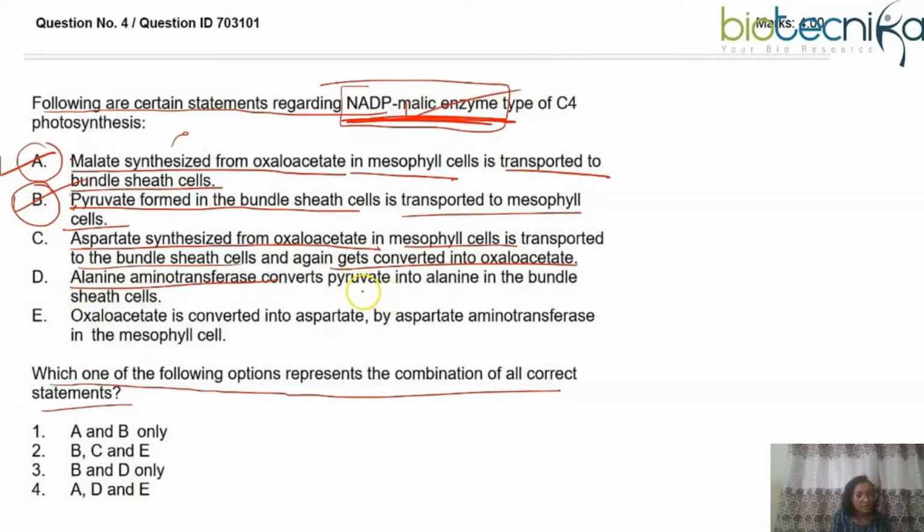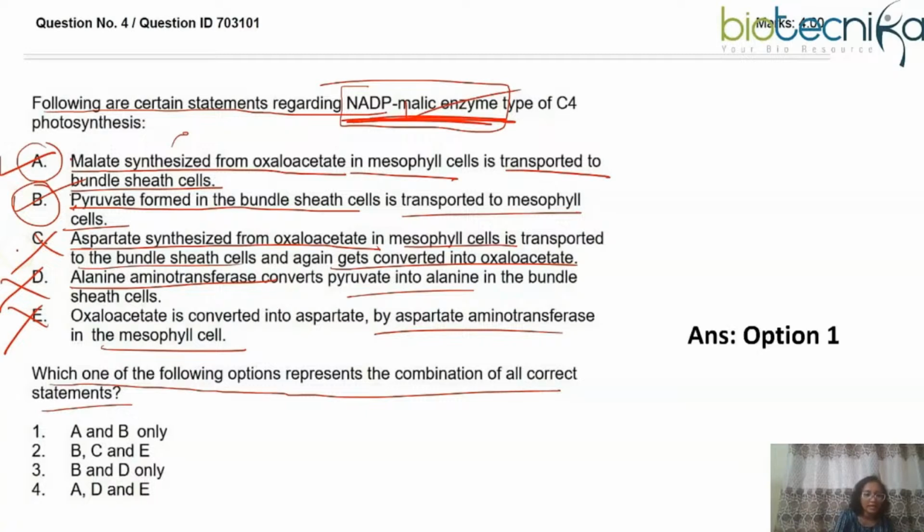Alanine aminotransferase converts pyruvate to alanine, not triggered by NADP malic enzyme. Here also aspartate aminotransferase is there, nothing to do with NADP malic enzyme. So the remaining 3 statements are not applicable at all to NADP malic enzyme.